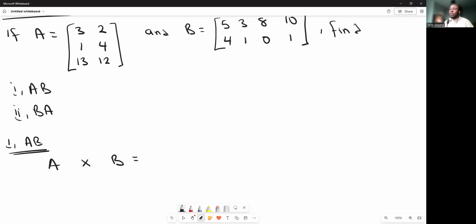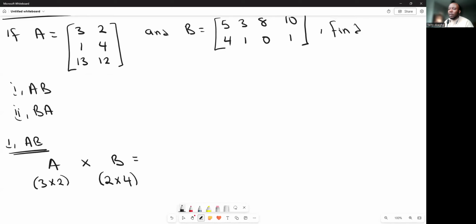So we need to write the rows and columns for matrix A. We have 3 rows and 2 columns, so it's a 3 by 2 matrix. And for B, we have 2 rows and 4 columns, so it's a 2 by 4 matrix.